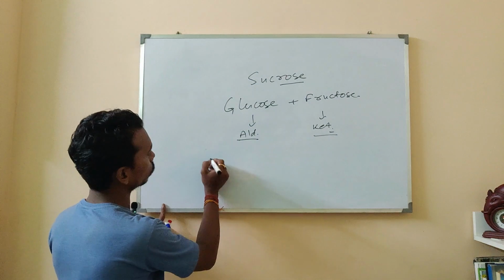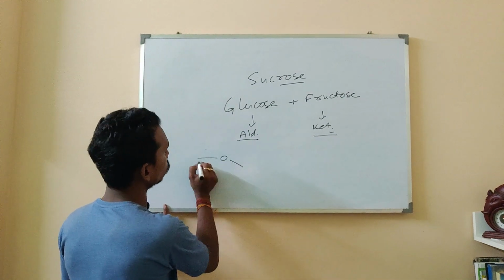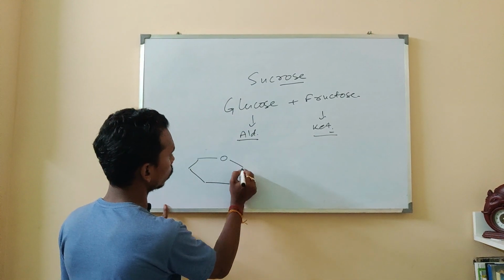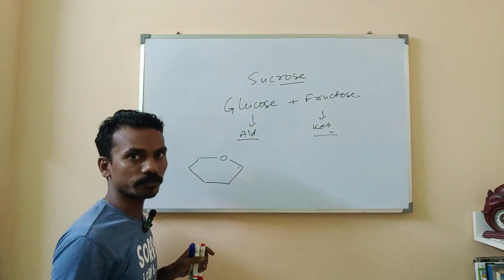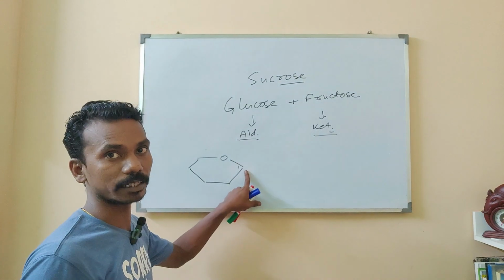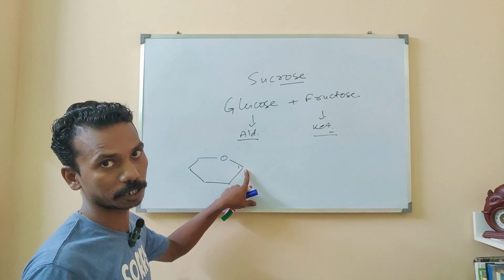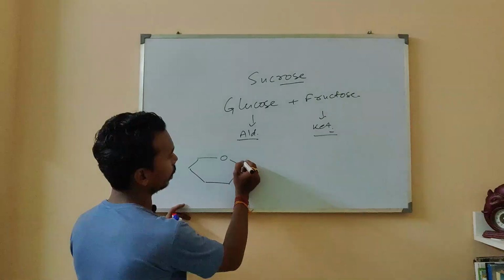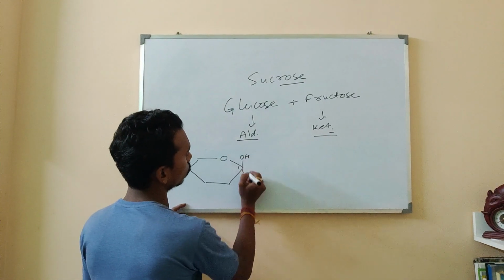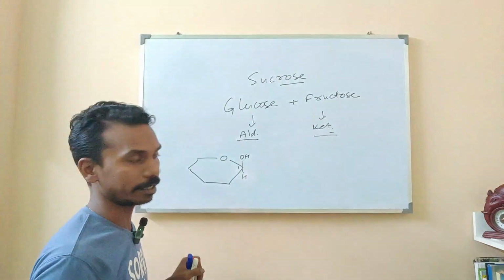So let's see, this one is the glucose molecule, and carbon number 1 of this glucose molecule is actually going to contain the aldehyde group, and you can see the OH and H here.